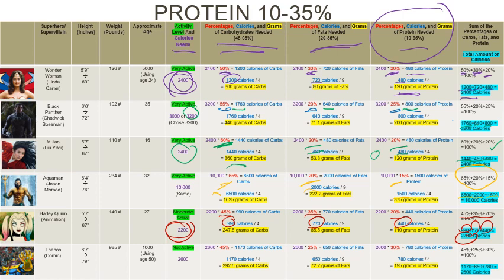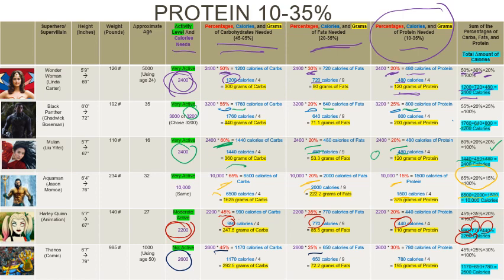All right. Now for Thanos. He consumes 2,600 calories. So remember, he consumes 45% calories of carbohydrates and 25% calories of fat.